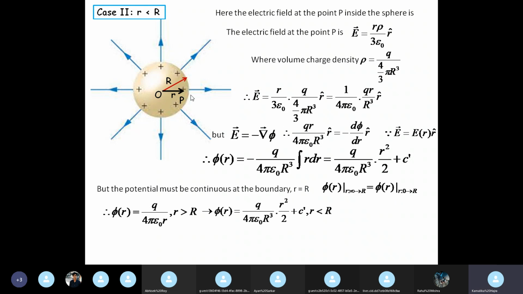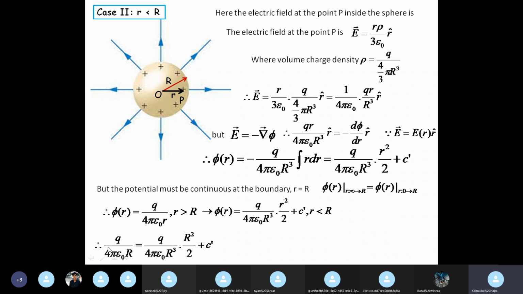Okay, which means that phi of r, we know, is equal to q by 4 pi epsilon naught r when r is greater than capital R. And we also know, we just found out, that phi of r is equal to q by 4 pi epsilon naught capital R cube into r square by 2 plus c prime. This is the result that I'm using as r is less than capital R, right? So we have to get these two expressions equal at the boundary. It cannot be discontinuous.